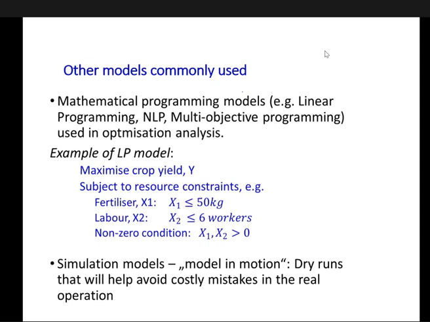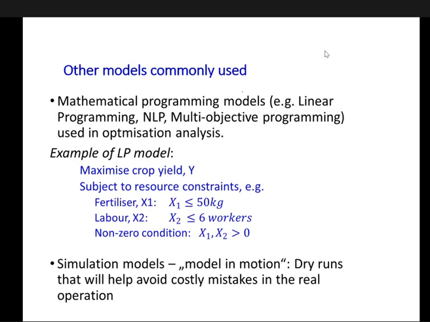I give an example of two inputs, the fertilizer X1 and labor X2. A farmer has these two inputs that he wants to apply, and his fertilizer is limited to 50 kilograms. He can't afford more than 50 kilograms.